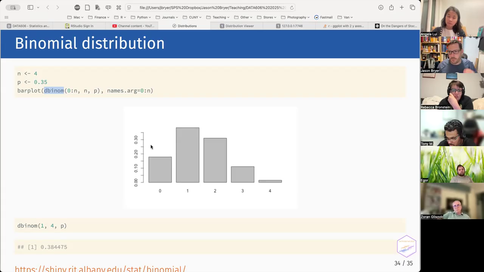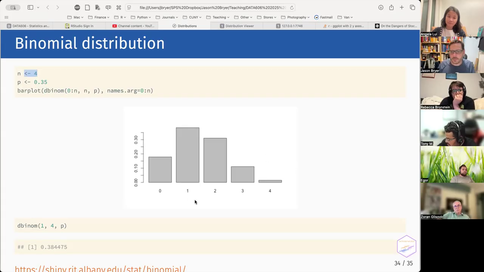So going back to what we talked about last week, discrete versus continuous random variables, binomial is a discrete distribution. So not only can I say I want 1 success in 4 trials or 2 successes, I can do them all. The first parameter is 0, 1, 2, 3, 4, all the way up to 4 successes.